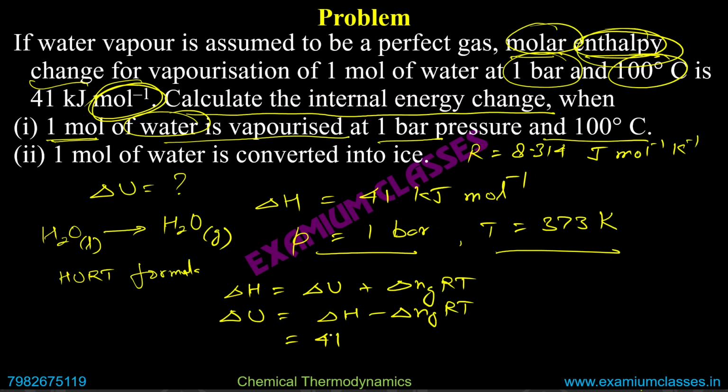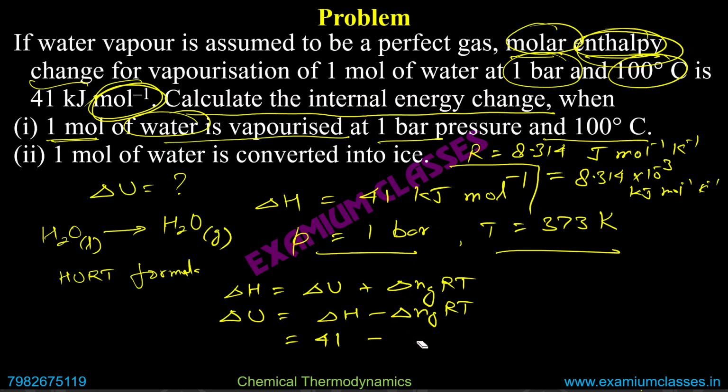So either you use delta H as 41 kilojoules and convert R also to kilojoules, or you convert delta H to joules. I am using kilojoules, so I will convert R: 8.314 into 10 to the power minus 3, since converting to kilo means dividing by 1000, kilojoules per mole per Kelvin.